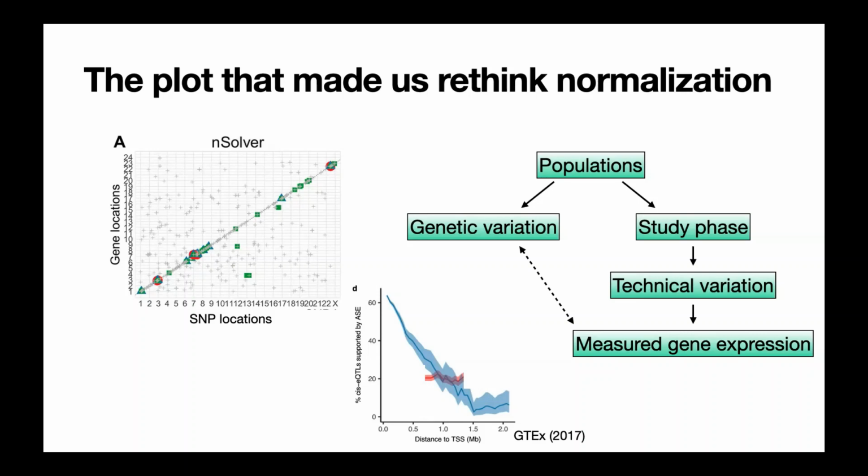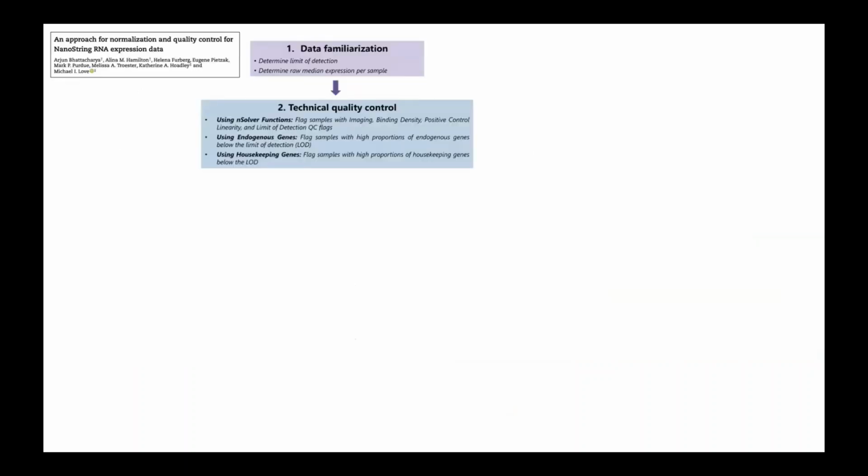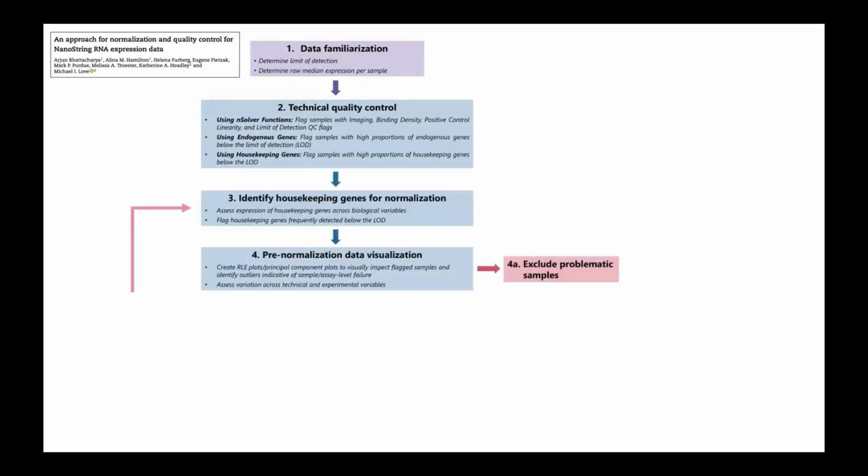I won't go into the method details, but we used an existing method for normalizing gene expression. This is our workflow: how do we approach renormalizing this data?